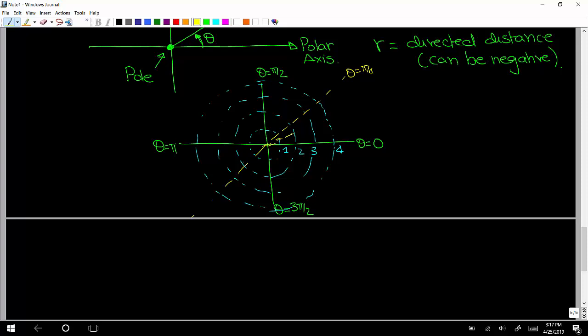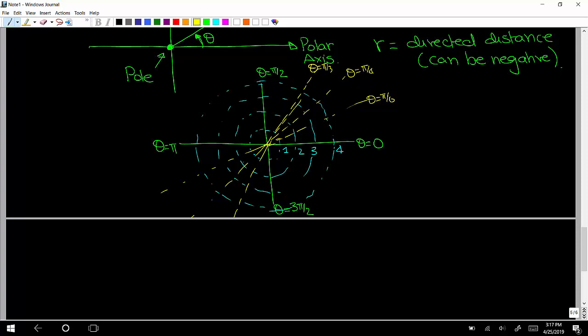Then they have theta is pi over 6. Then we have theta is pi over 3, and so on. There are certain common angles, and you can do similar things for certain common angles in quadrants 2 and 4. I've only done it for quadrants 1 and 3, but we can do that. That's what a typical polar paper looks like.